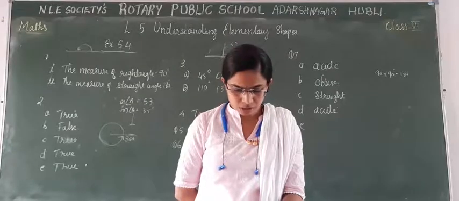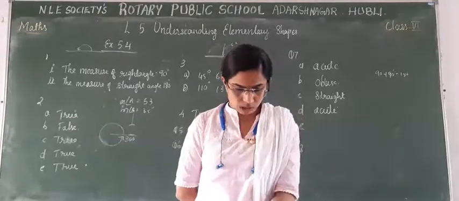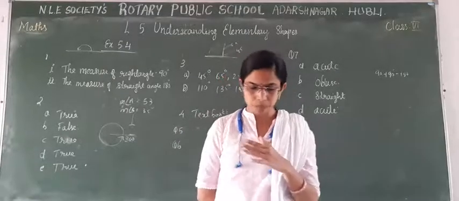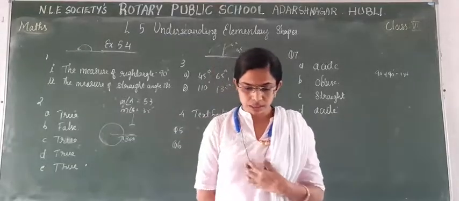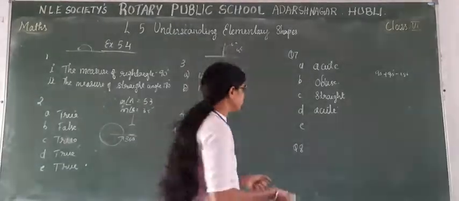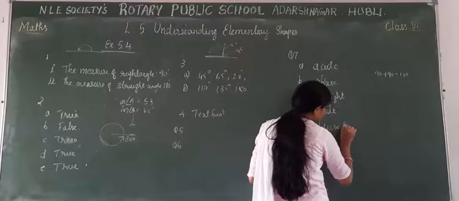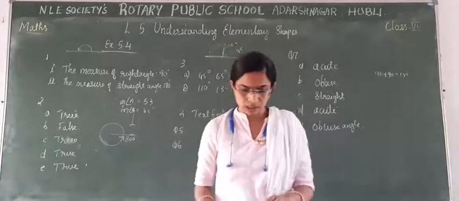When the sum of measure of two angles is that of a straight angle, and one of them is acute angle, the other one is less than 180 degree, that is obtuse angle. Obtuse angle. So we will move to question number 8.